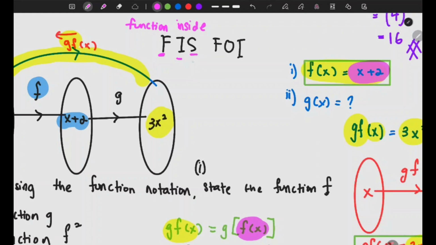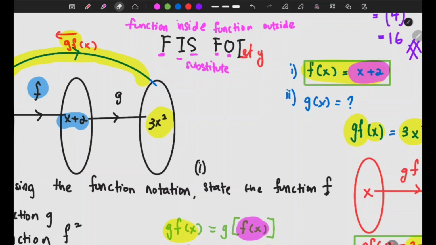Same, F is function, that one inside. O is outside. And this is not I, it's L. So let Y. You just need to add the E, T and Y. Function inside substitute. Function outside let Y. That's the method that I used to remember.